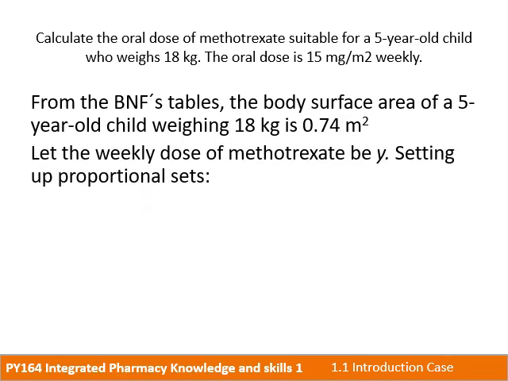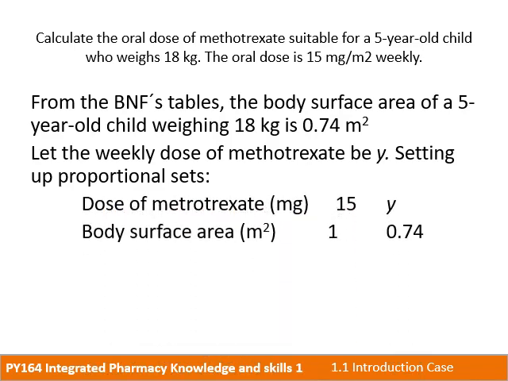Here we go again. We've got some proportional sets to set up. So our weekly dose that we want to give our particular child, we're going to call Y. And what we know is that we need a dose of 15 milligrams for every meter squared of the body.